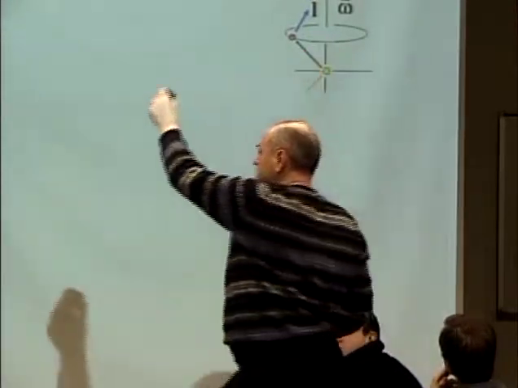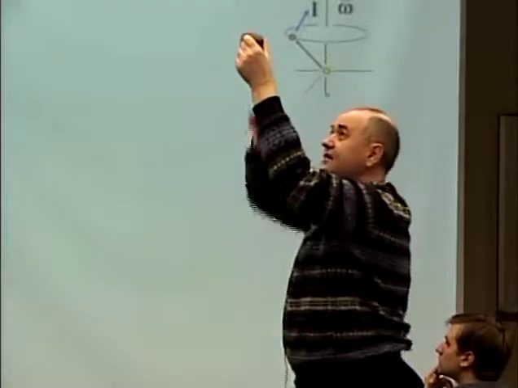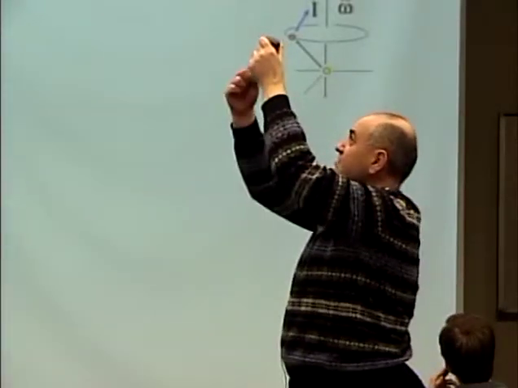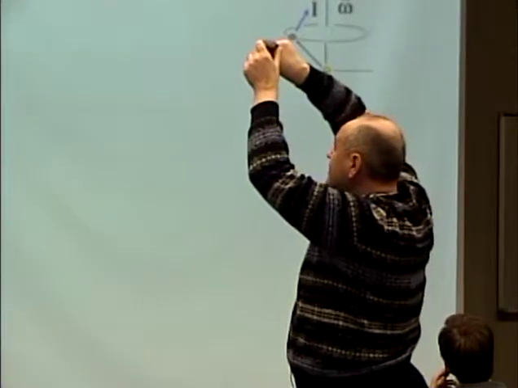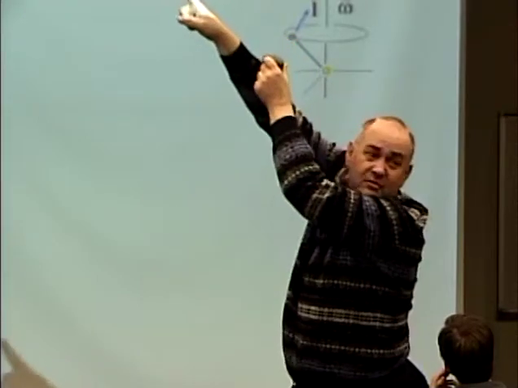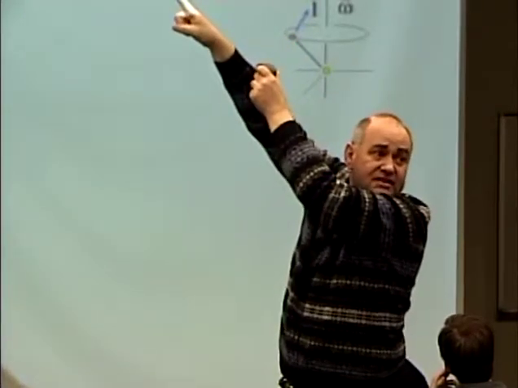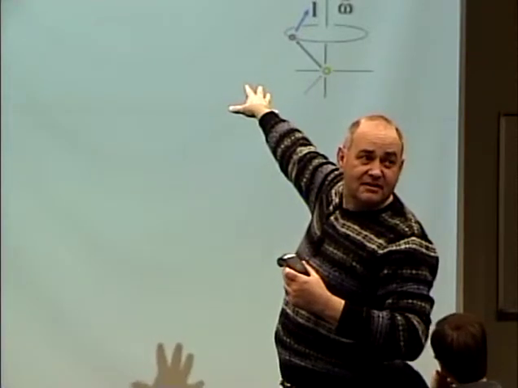So it circles Mark like that. At this location, the position vector is at an angle. Momentum is in this direction. So angular momentum is at an angle like that. Can you see it now? Do you understand the drawing on the screen?